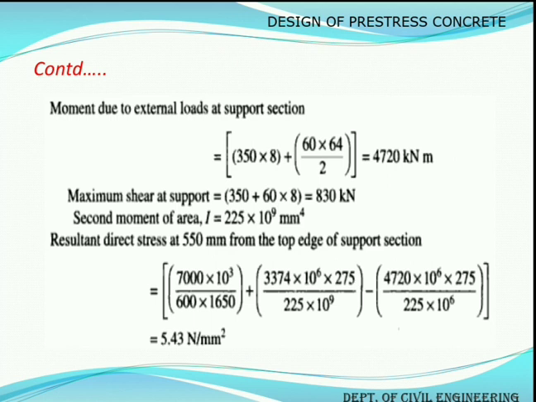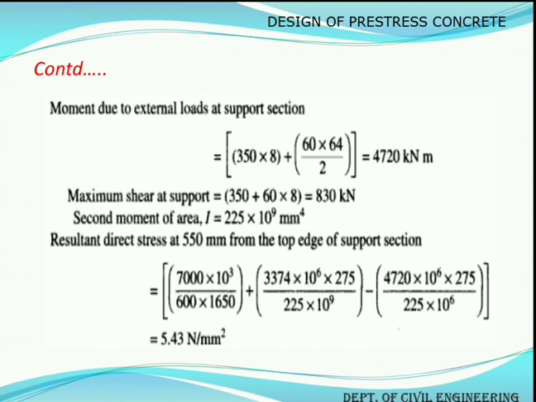Okay, so here be careful, the value of Y which we are taking here is 275, which is 550 by 2. Here we are calculating the stresses at 550 mm from the top, hence the Y value is the center of 550. Okay, so we are getting the direct stress.